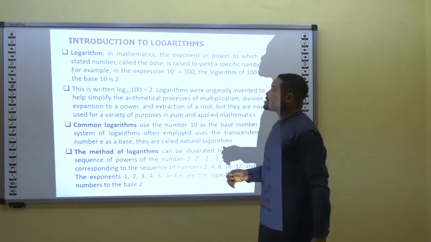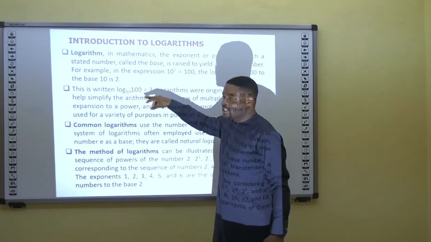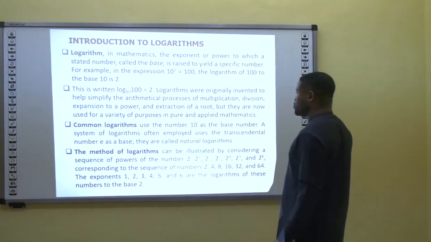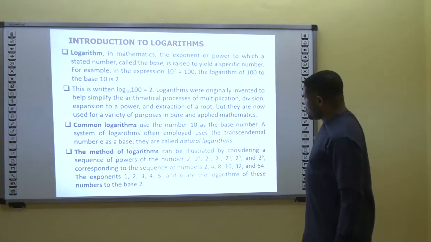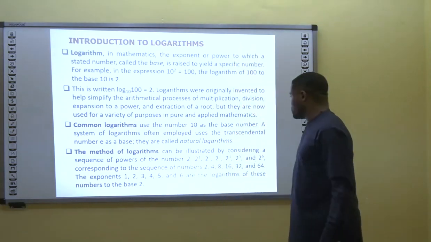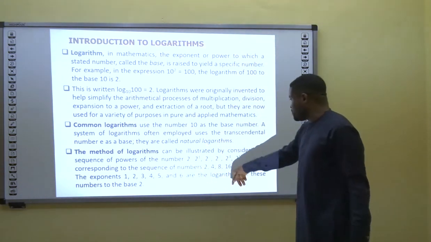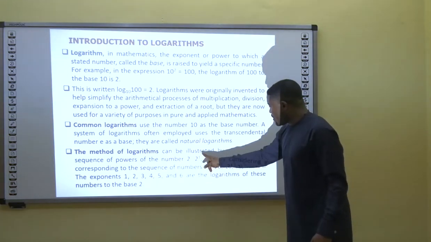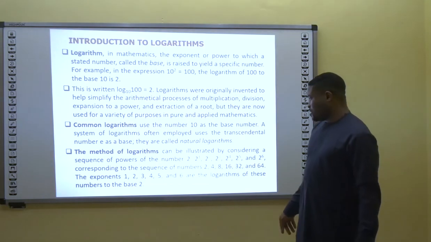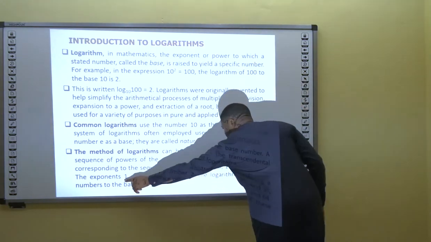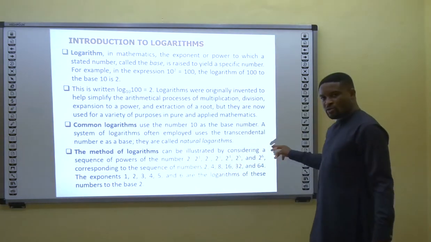So again, when we take the log base 10 of 100 on our calculator, you will get 2. So there are common logarithms. There are also logarithms considered in this form: 2 raised to the power 0, 2 raised to the power 1, 2 raised to the power 2, 2 raised to the power 3, up to a certain number. So in this case, we have a base 2 logarithm for the numbers 1, 2, 3, 4, 5, and 6.